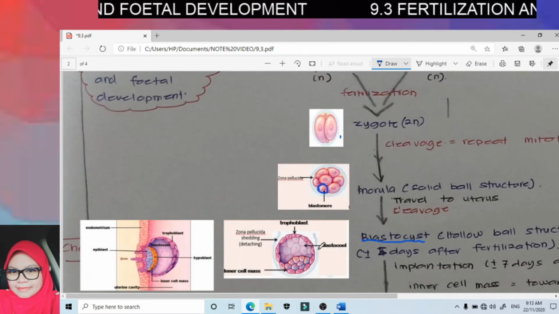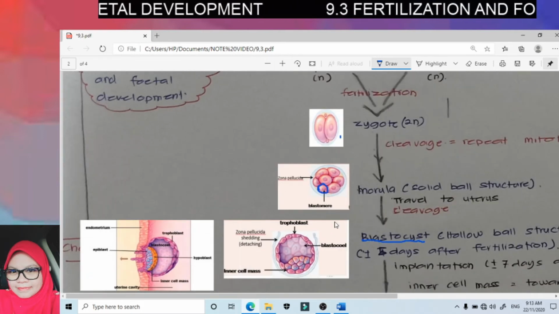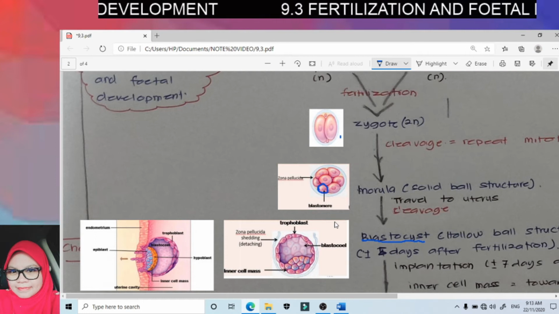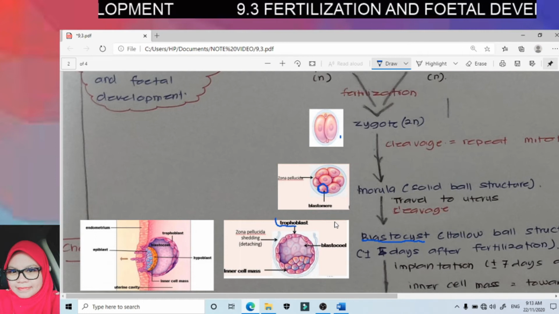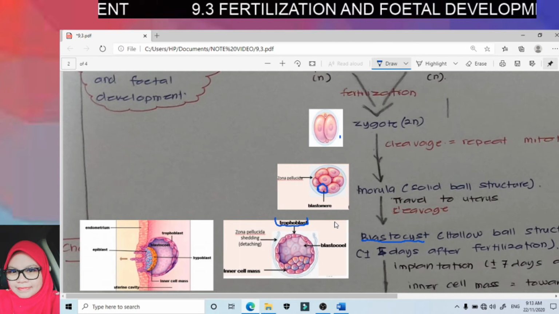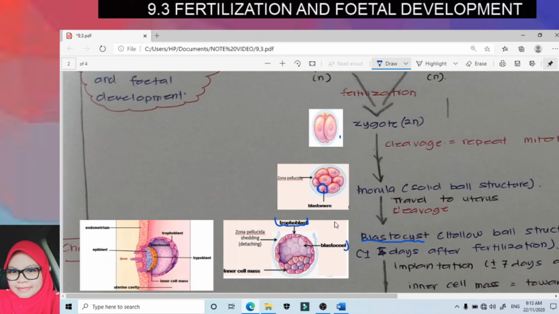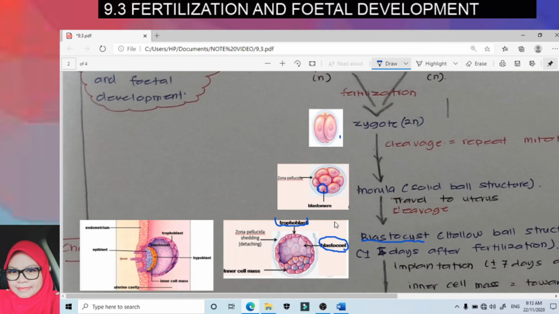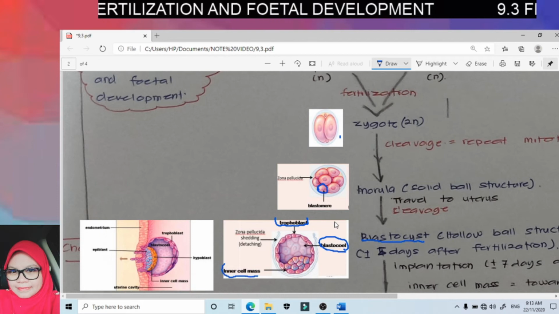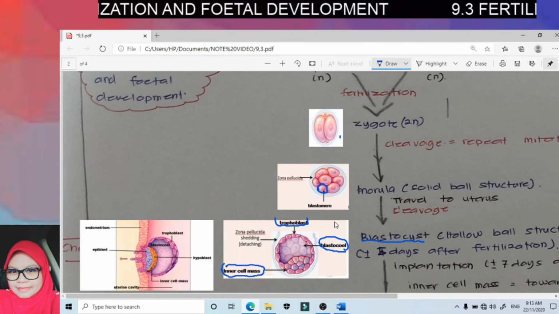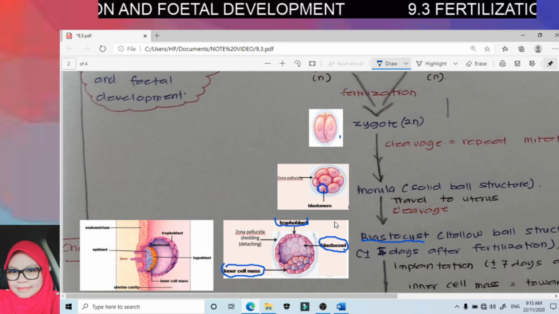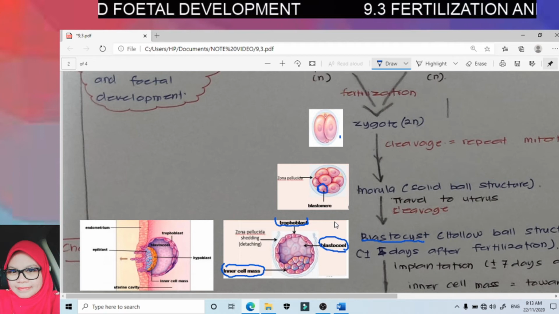For the blastocyst, take a look at the close-up view. Okay, the blastocyst has three important structures: the trophoblast, the blastocoel, and the inner cell mass. The trophoblast is the thin layer.